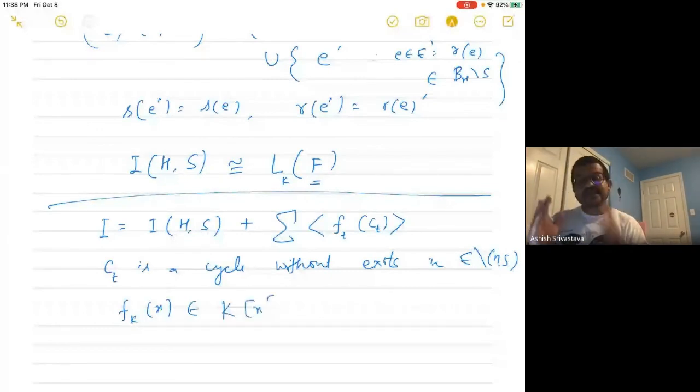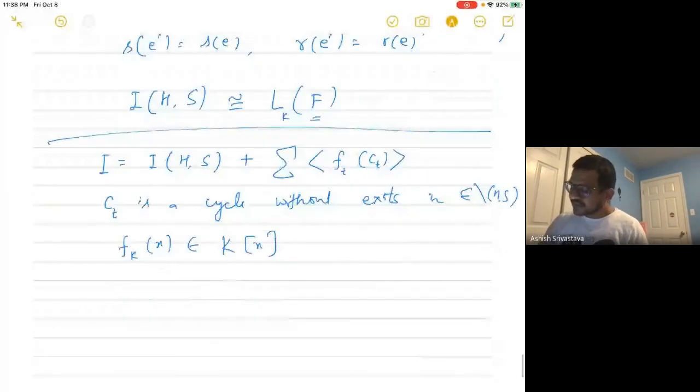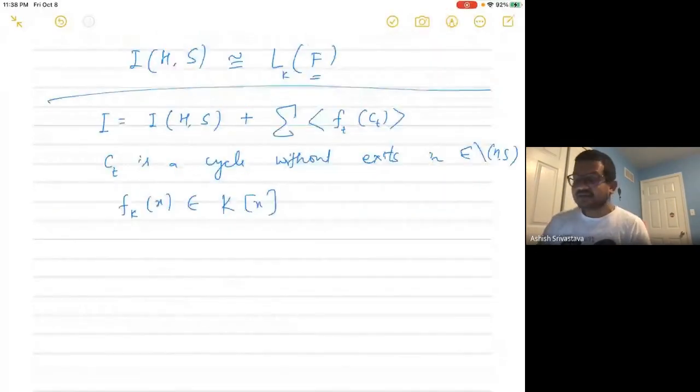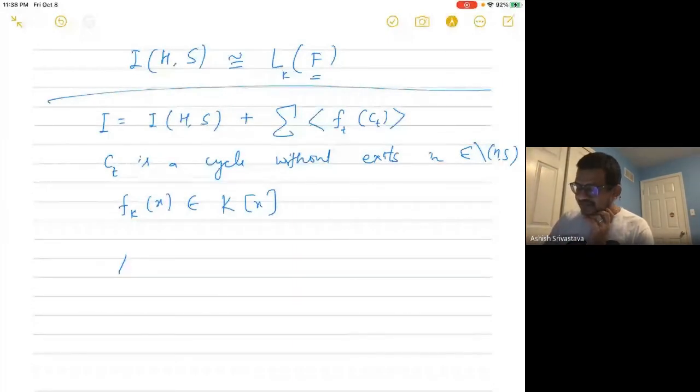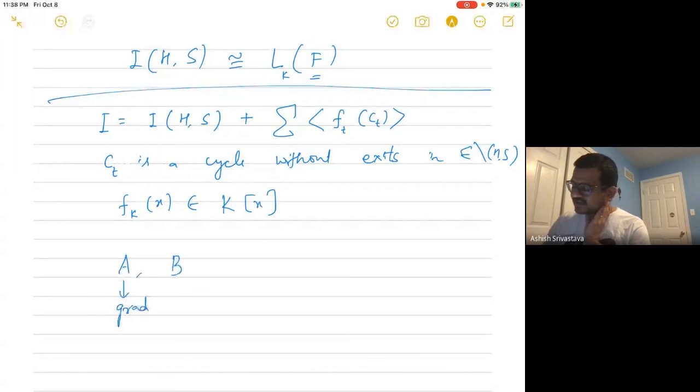Now, as I mentioned, the ideals have a very interesting property of commutativity. If you take two ideals, A and B, of a Leavitt path algebra, and one of them is graded, suppose A is graded, then it turns out that AB equals BA.